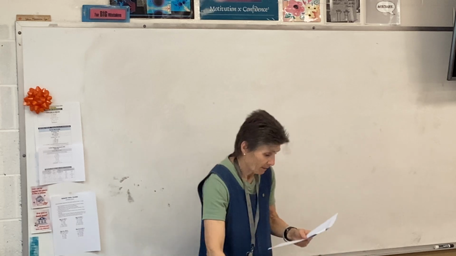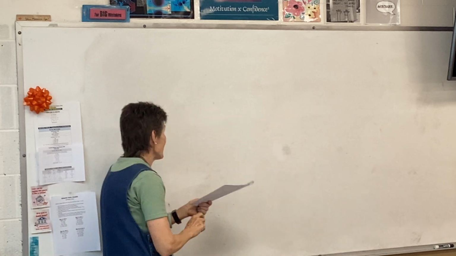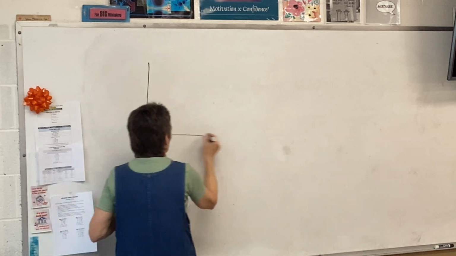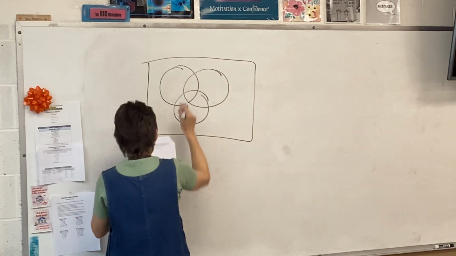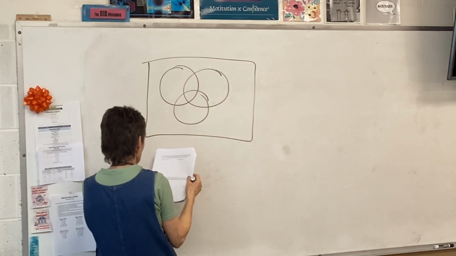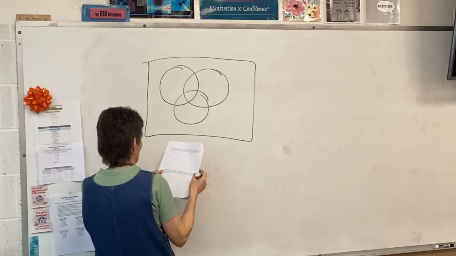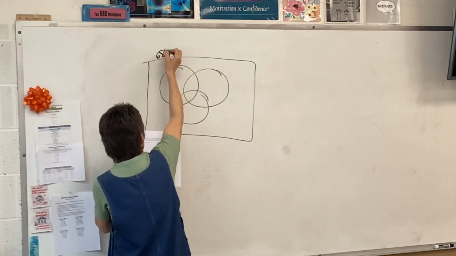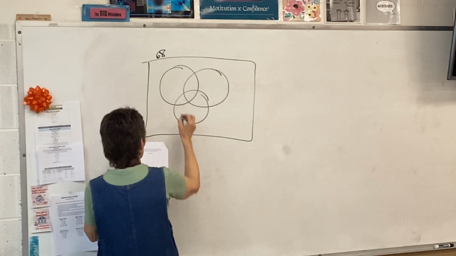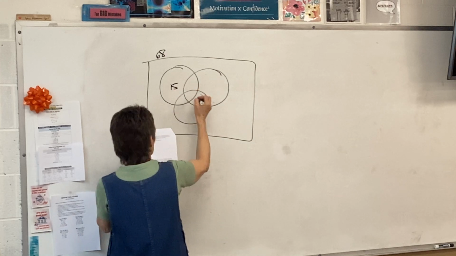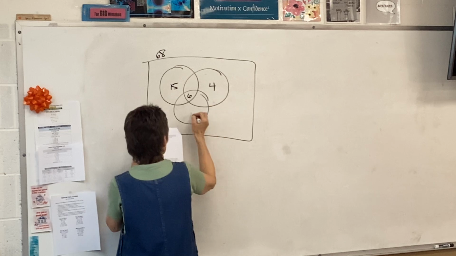Okay. So, we had set up our Venn diagram. This is problem 7B. We have 68 kids. We set this up, we didn't finish it. We did this much of it.